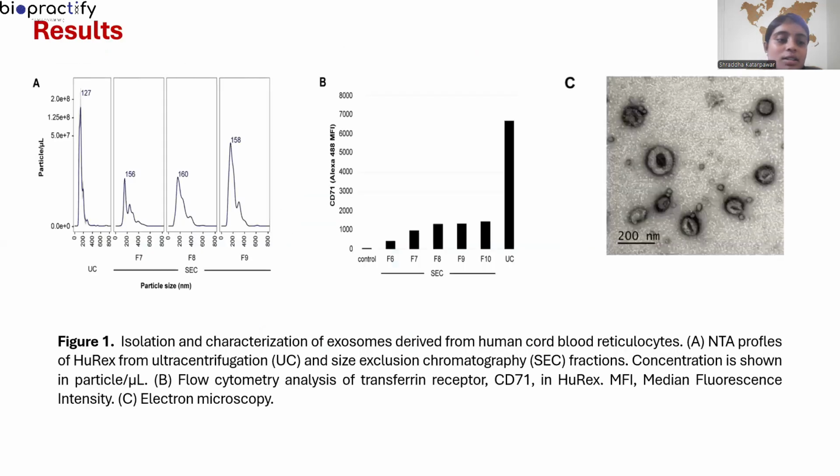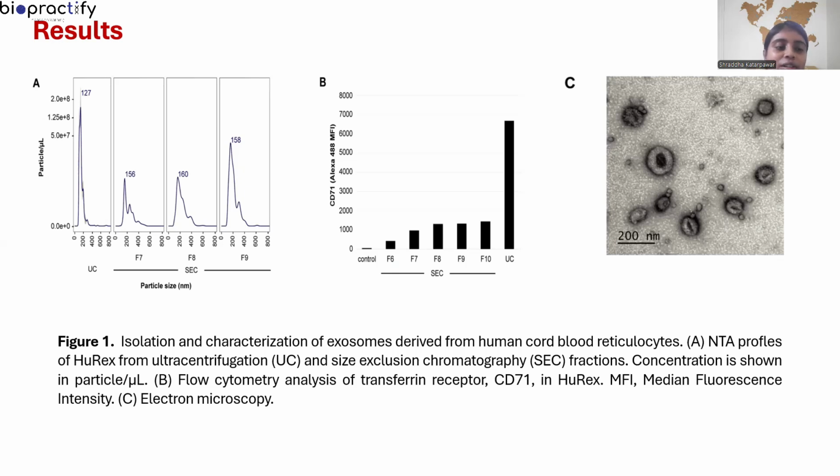So these are the results obtained for the isolation and characterization of exosomes derived from human cord blood reticulocytes. The first diagram shows NTA profiles of human reticulocyte-derived proteins from ultracentrifugation and size exclusion chromatography fractions, shown in particles per microliter.